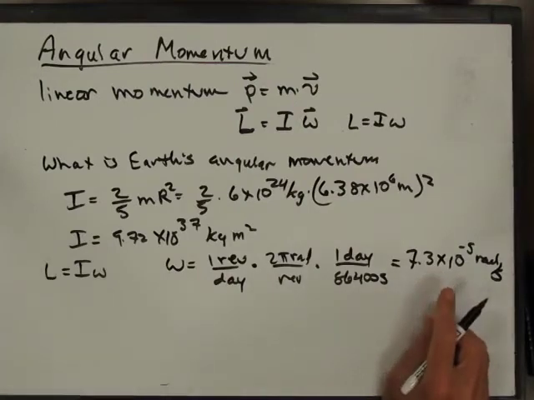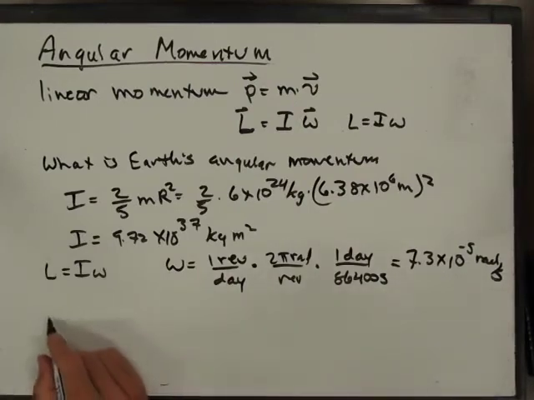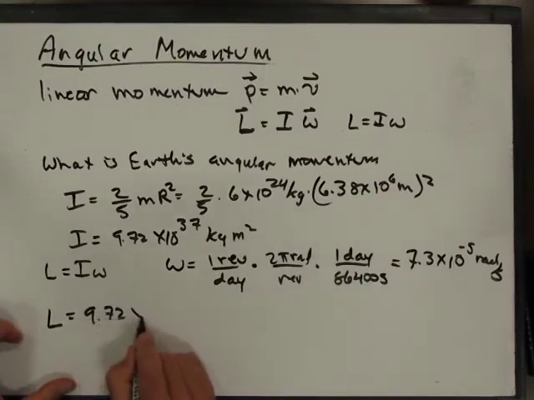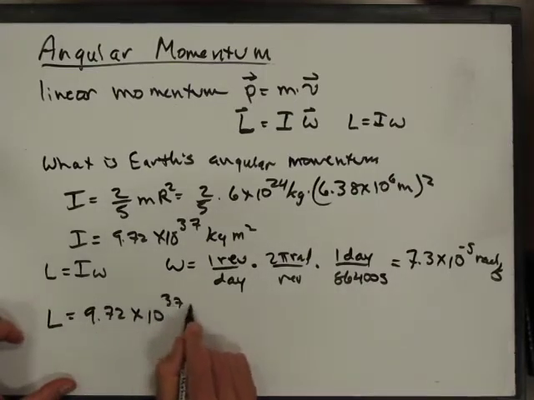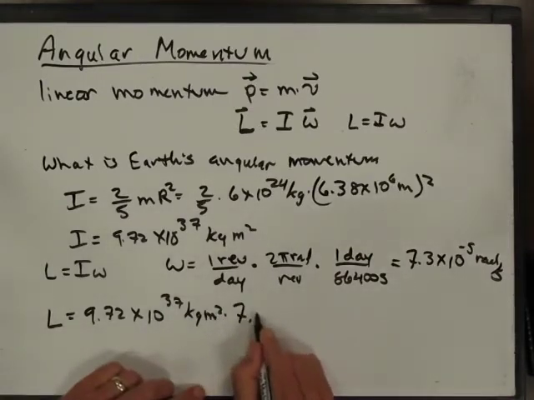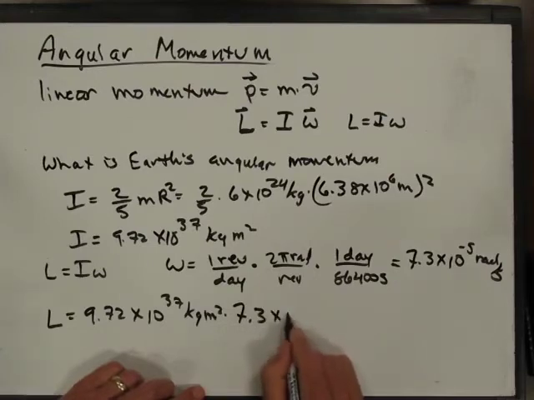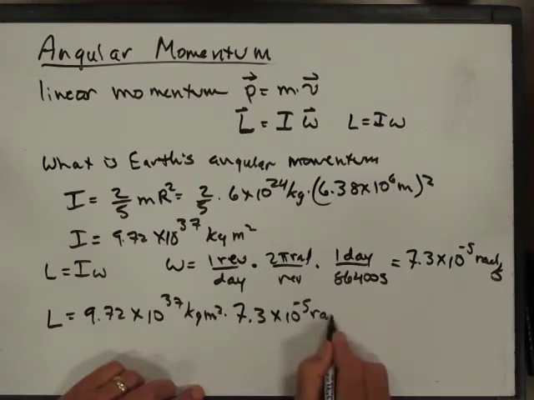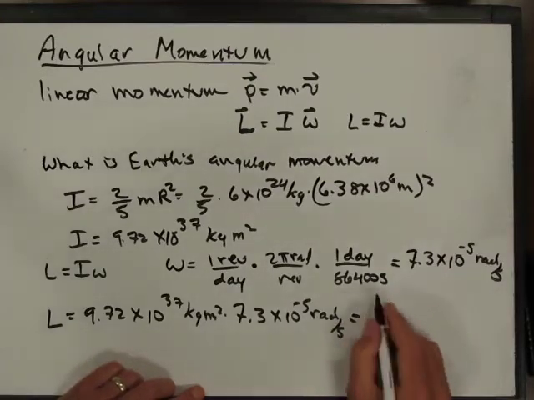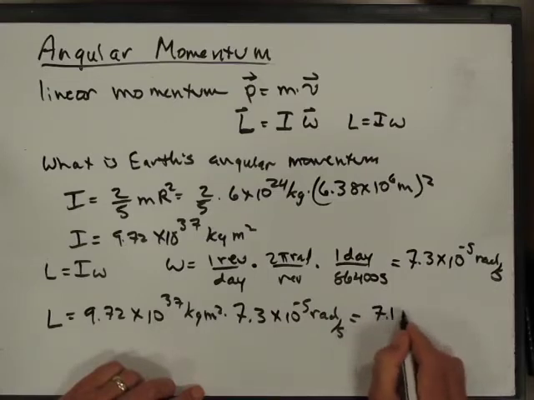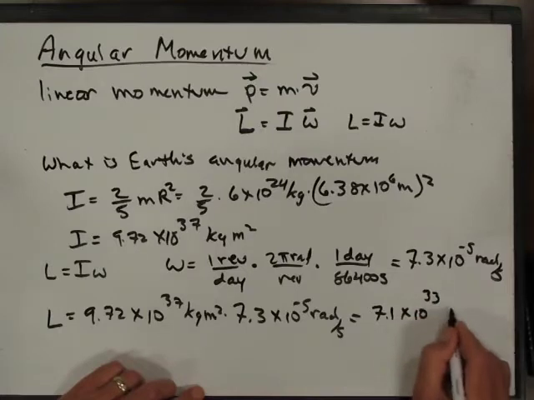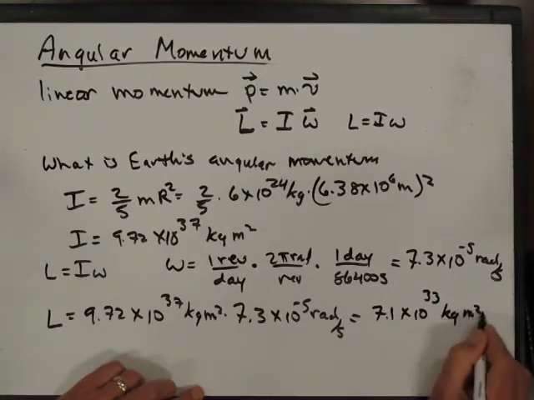This is a result we calculated previously, right? And so then I can calculate the angular momentum, which is 9.72 times 10 to the 37th kilogram meter squared times 7.3 times 10 to the minus 5th radians per second, which gives me about 7.1 times 10 to the 33rd kilogram meter squared per second.